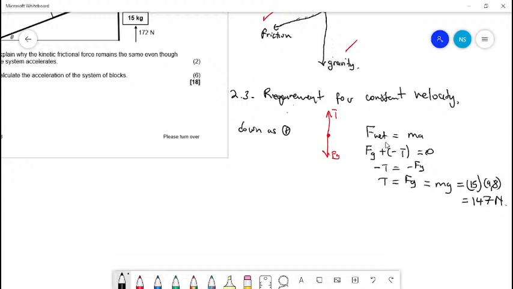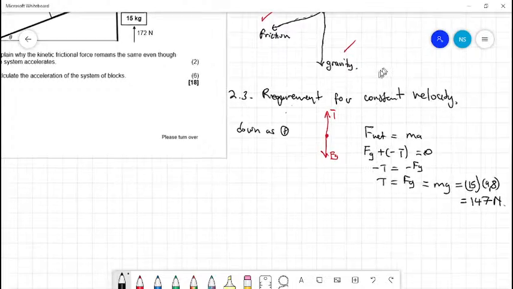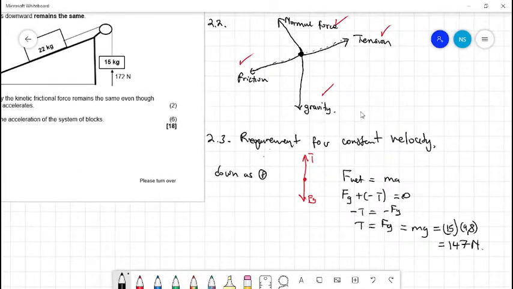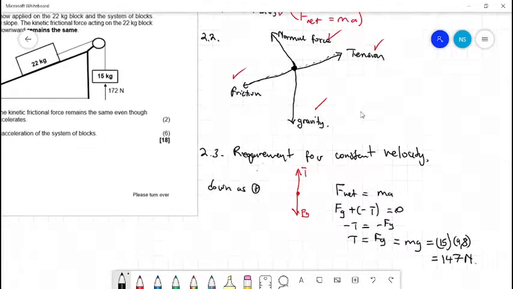So that was the F net for the 15 kg, and that helped us to get the tension. So now we're going to write an equation that will give us the F net for the 22 kg block.